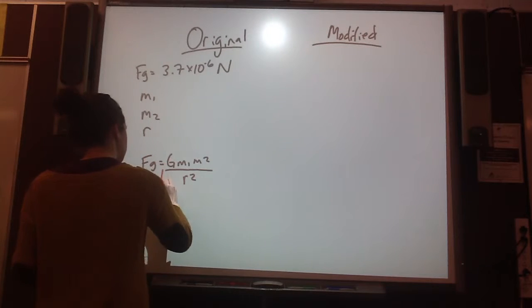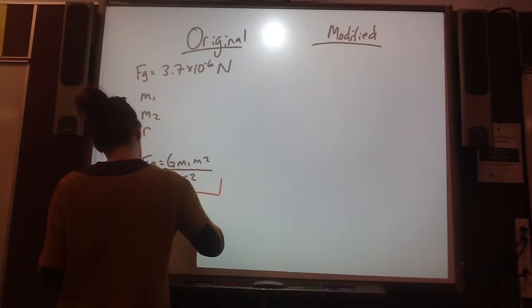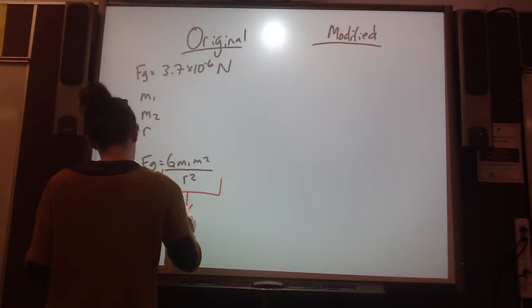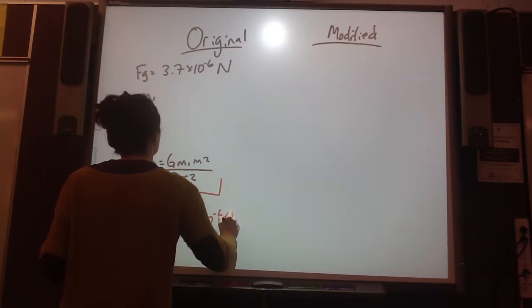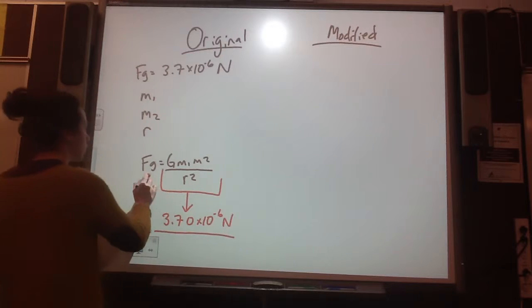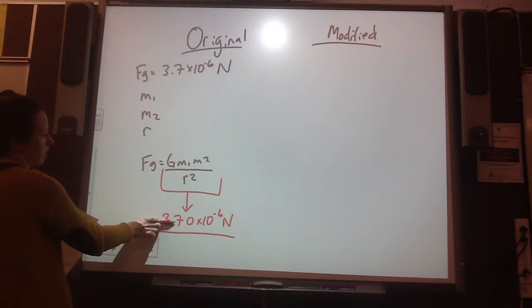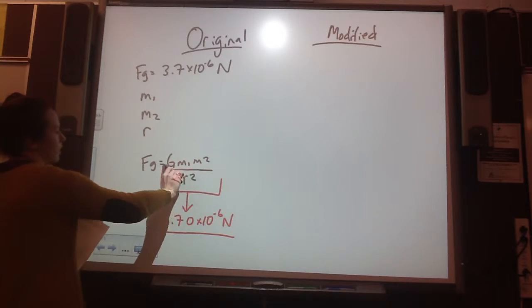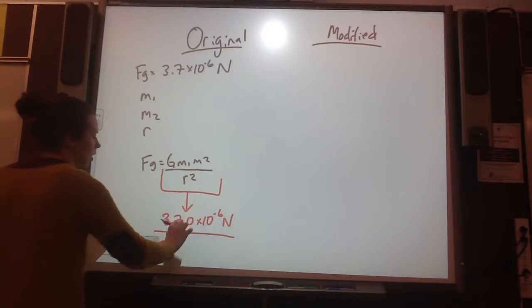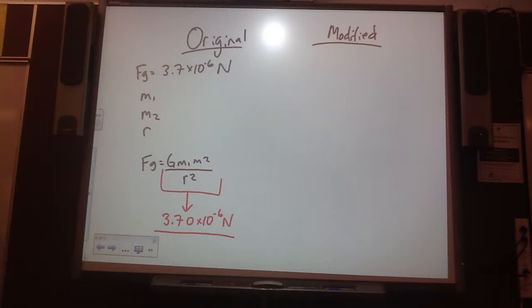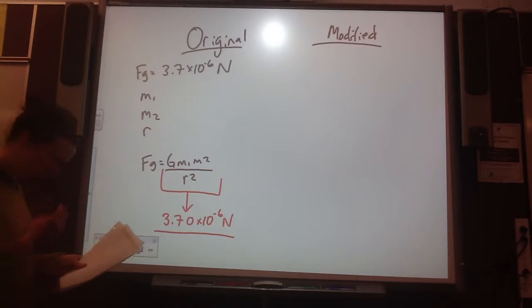So this is really equal to 3.70 times 10 to the negative 6 newtons. Okay? Because if Fg is equal to this, and Fg is equal to this, I can conclude that this symbol representation is equal to that numerical value.